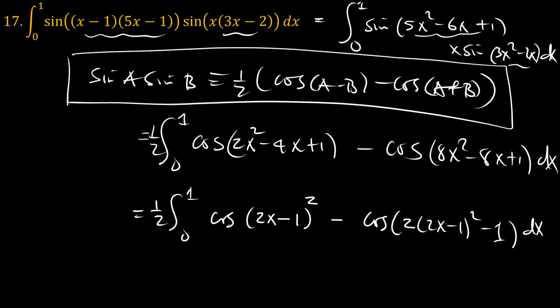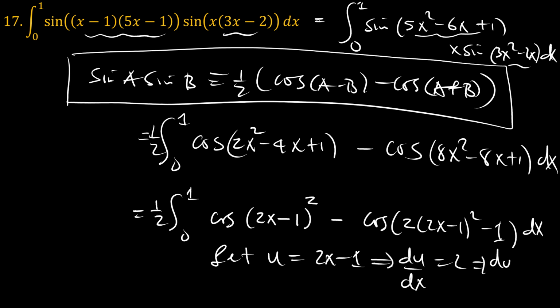Such that if we say let u be equal to 2x minus 1, means du dx is equal to 2, and therefore du over 2 equals dx. Lower limit when x equals 0, u will equal negative 1. When x equals 1, u equals positive 1.